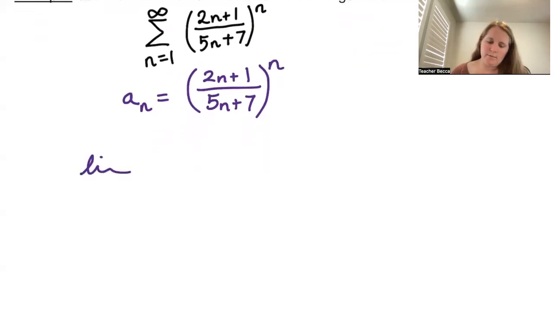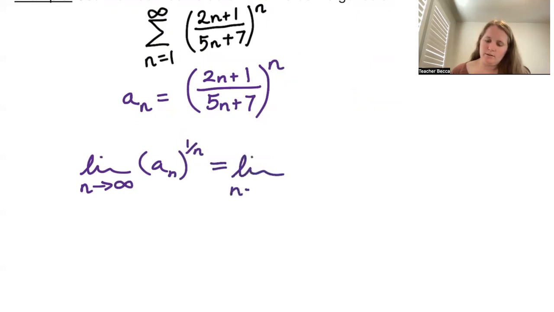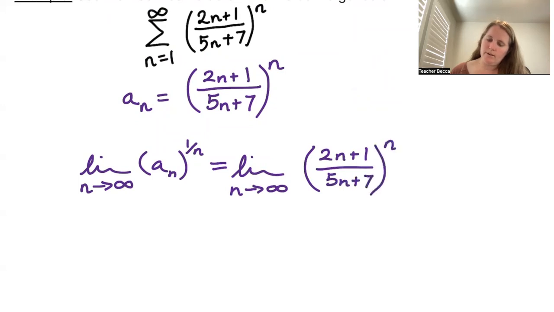So if we look at the limit as n goes to infinity of a sub n raised to the 1 over n, we are looking at the limit as n goes to infinity of (2n plus 1 over 5n plus 7) raised to the nth, and then that whole thing raised to the 1 over n.